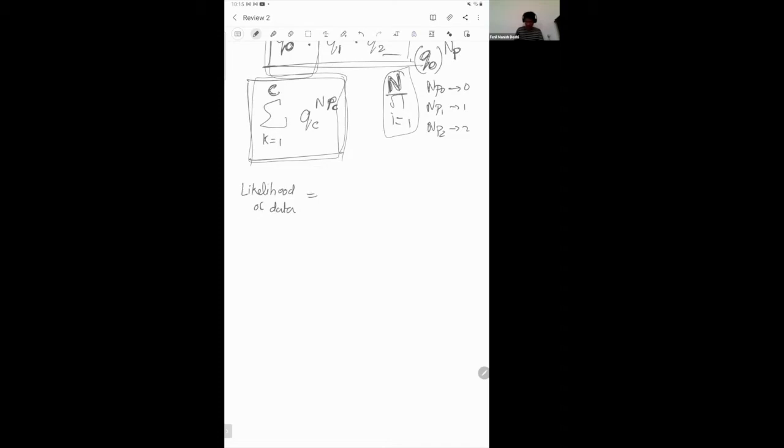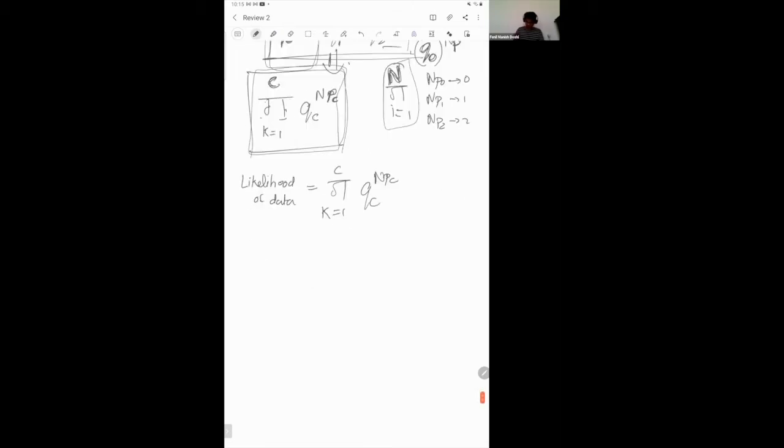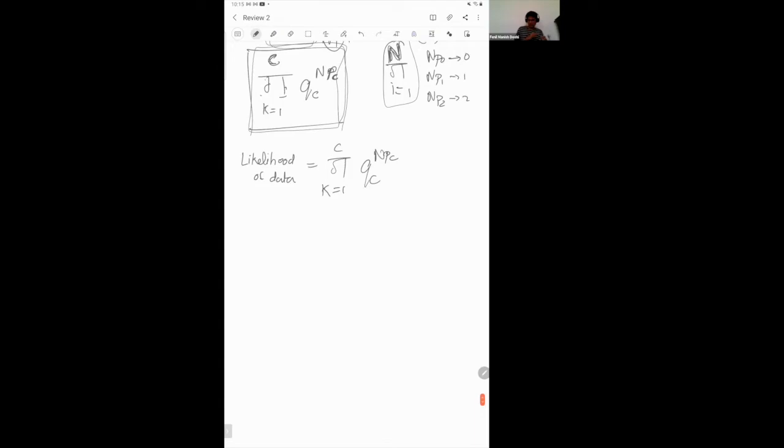It is the product of all these values. Now you need to maximize this quantity with respect to these QC values.